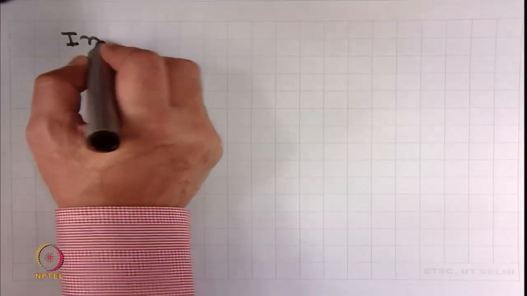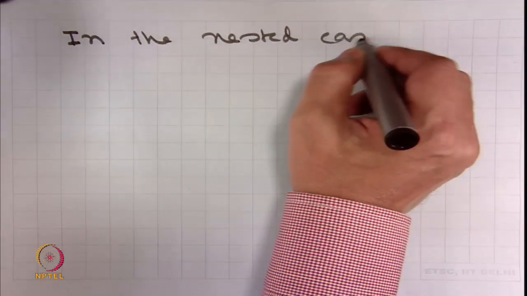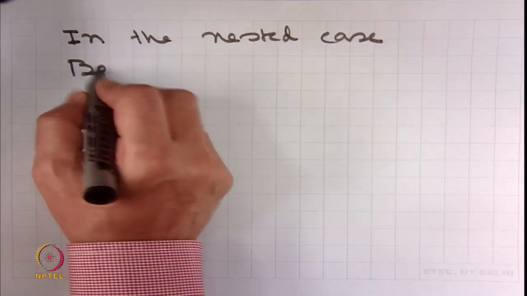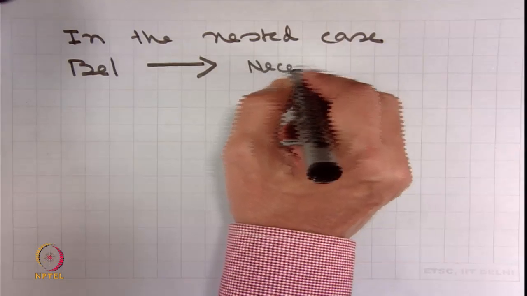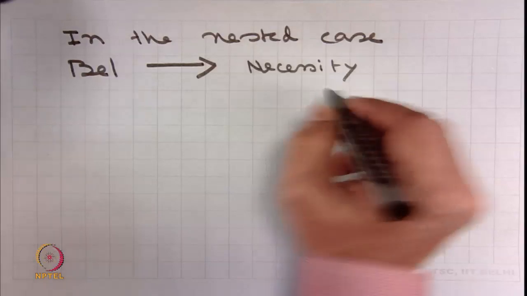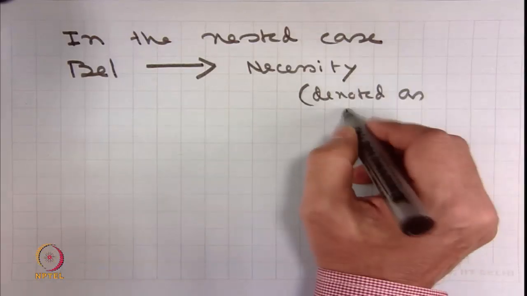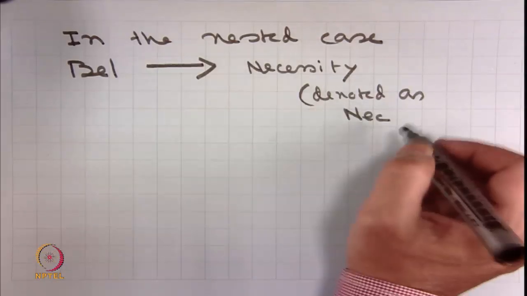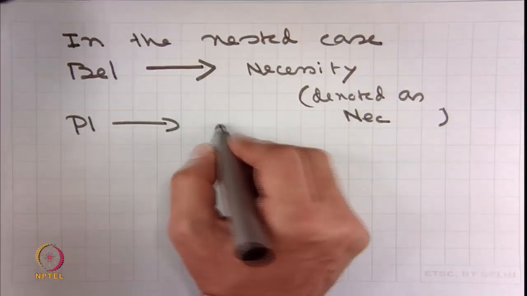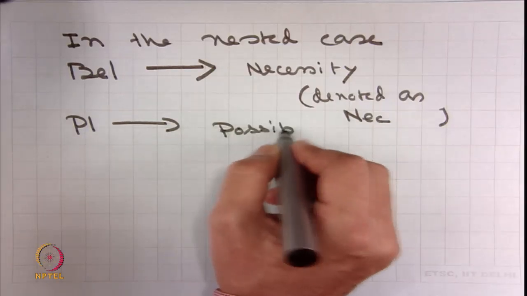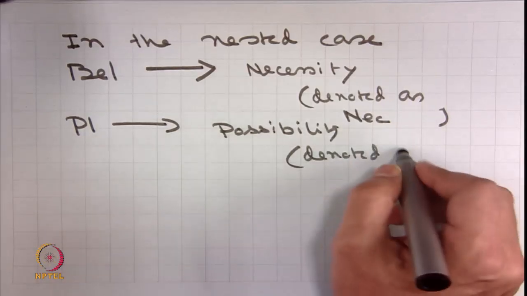Since in the nested case the function belief is called necessity and denoted as NEC, and plausibility is called possibility and denoted as POS.